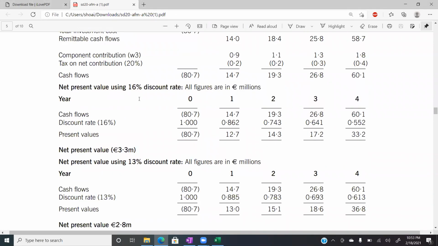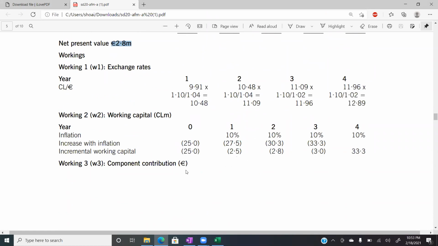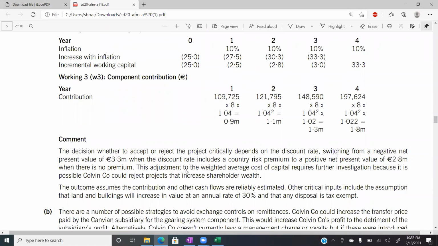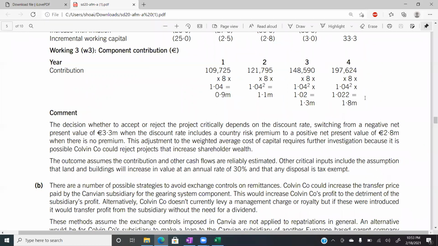At 16% the answer is 3.3 negative, and at 13% the answer is positive. Okay. Please read the comments of the examiner. The decision whether to accept or reject the project critically depends upon the discount rate.